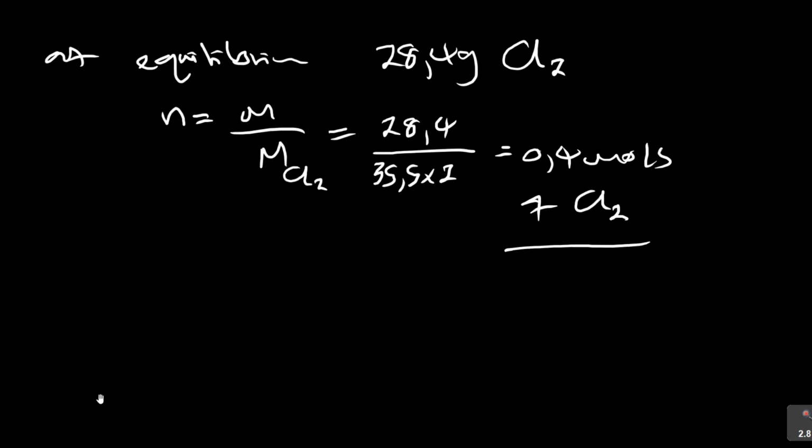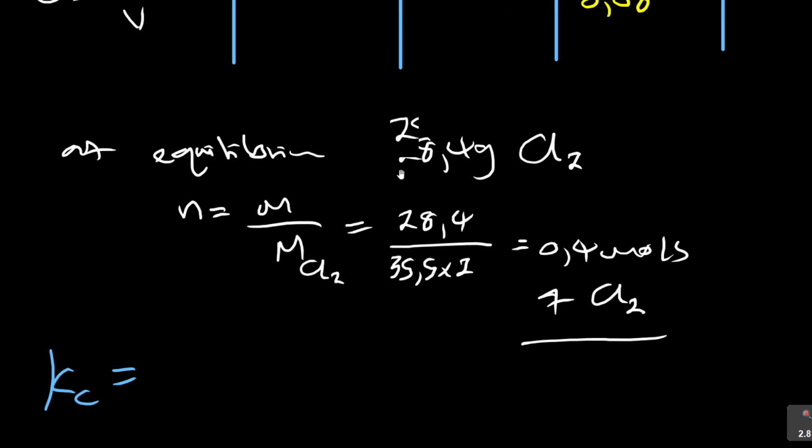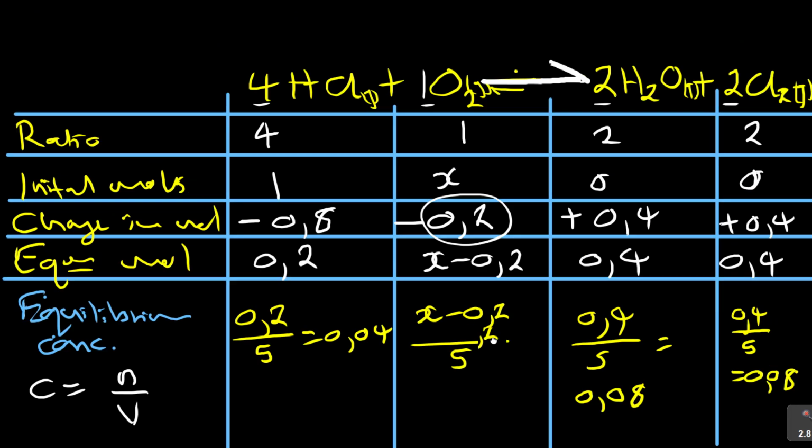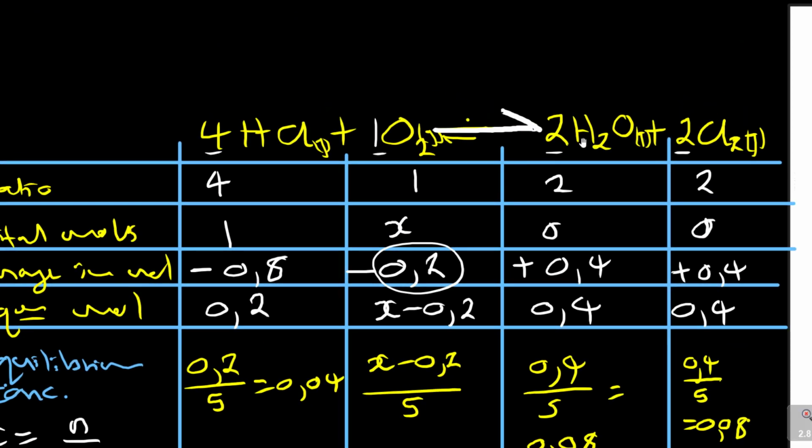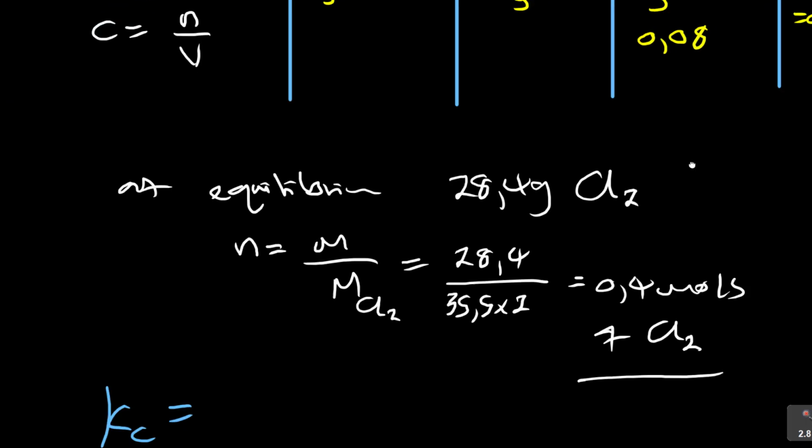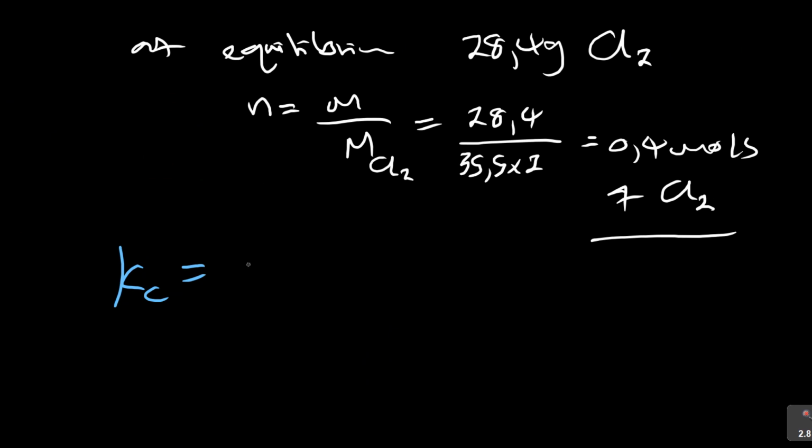So when we have done this, we have to find out now our Kc expression. So this is still important. Let me calculate my Kc, equal to concentration of products. So which one is my products? Guys, you need to know Kc. This is H2O and Cl2. So I'm going to have here concentration of H2O. It's 2 of these, so it's squared.